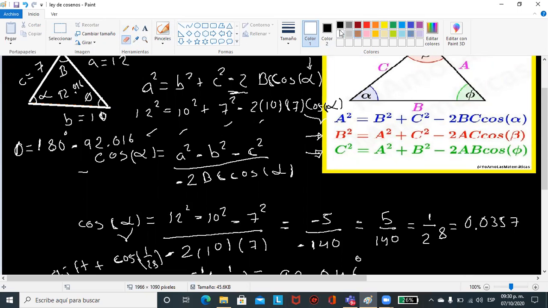Okay, so let's erase this to have a better view, or better, I will use another color.